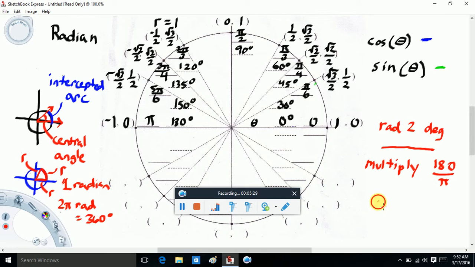To go from degrees to radians, you multiply by pi over 180.